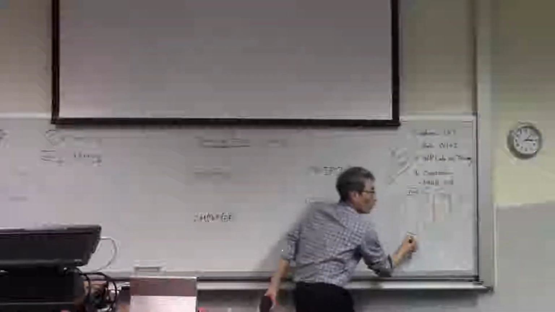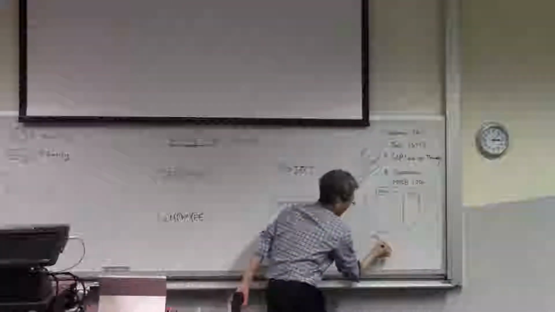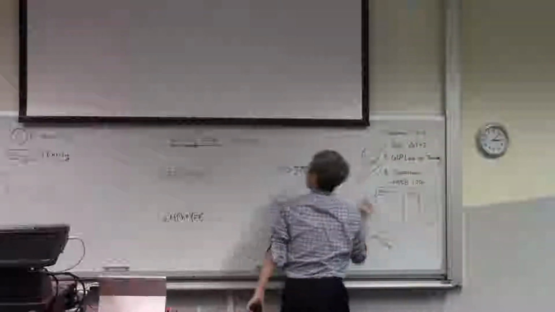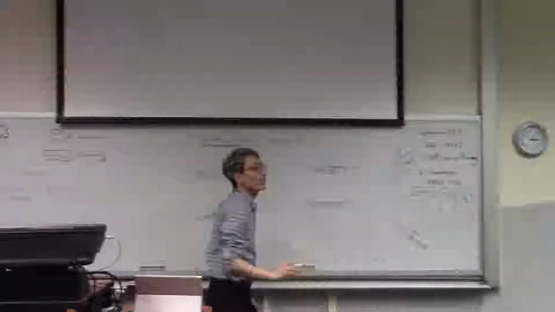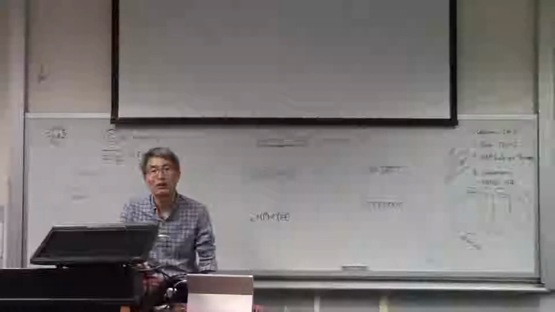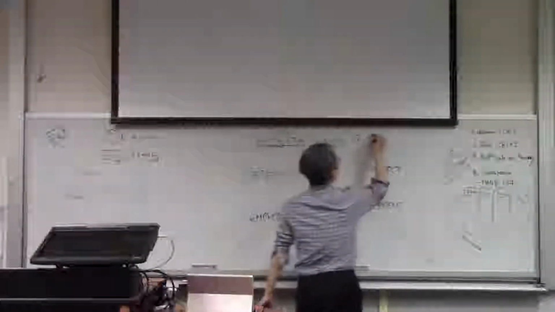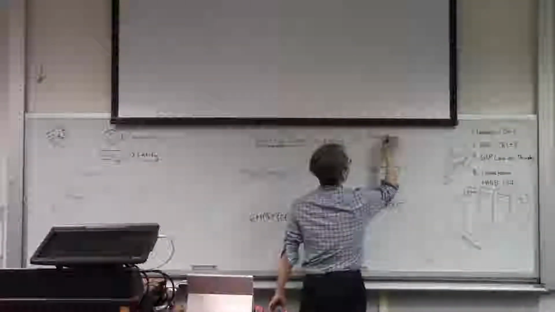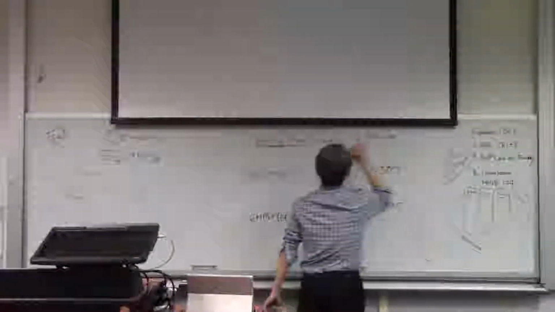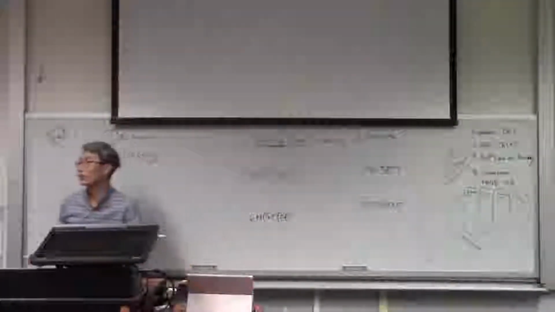This is called an attribute. So the second step of ER modeling is to identify the attributes of each entity type.